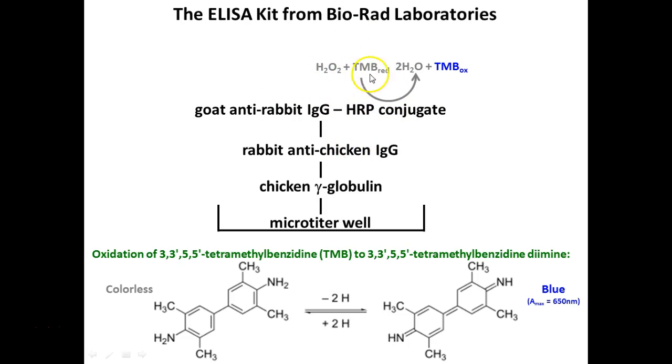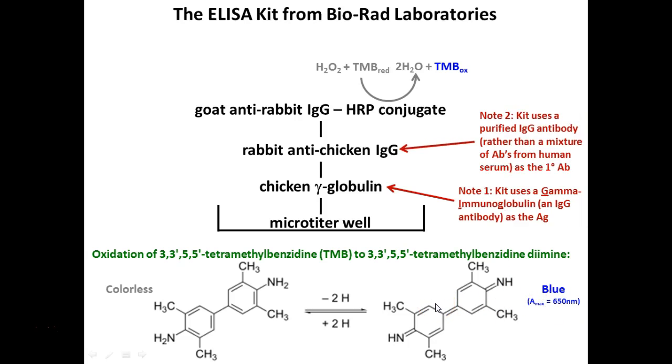The substrate we are using is TMB, with hydrogen peroxide, and the enzyme will convert it into its color form of TMB, which is blue. If we read it on the spectrophotometer, we make sure we use the blue filter, which is 650 nanometers.